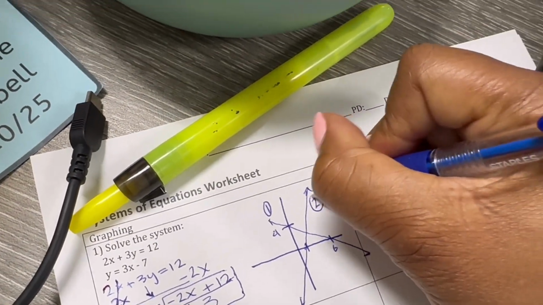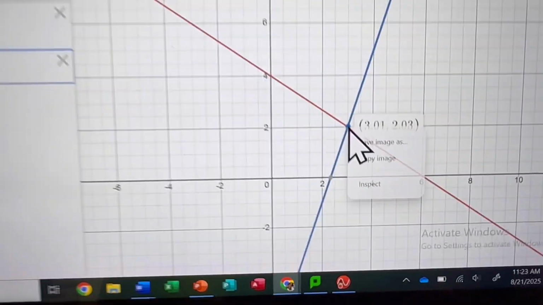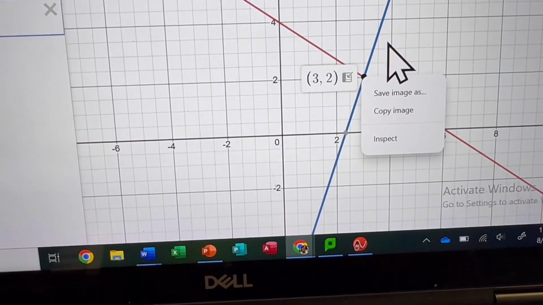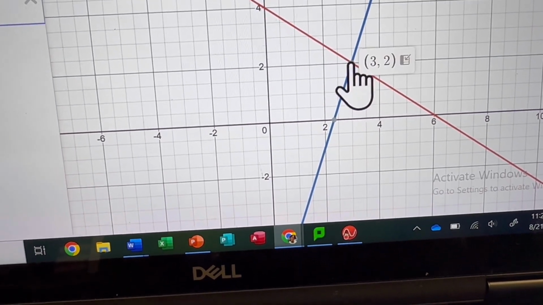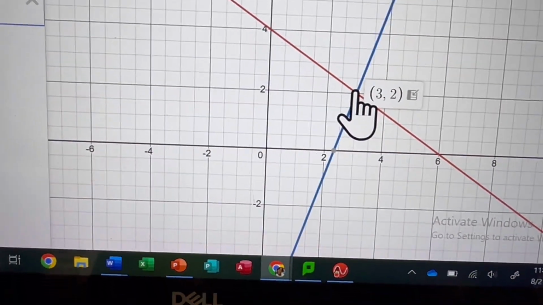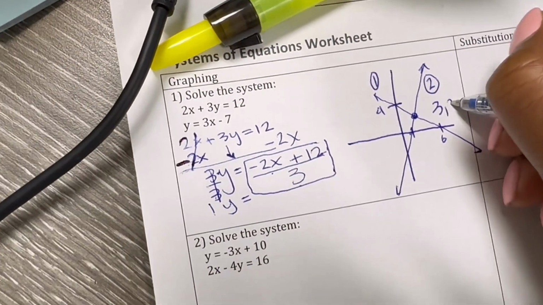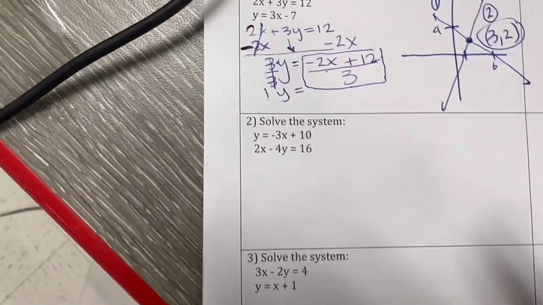That's line 2. And where do those two lines cross? Click on the intersection, and it crosses right at 3, 2. That's where the two lines intersect, and that is your answer: 3, 2. Go ahead and try the second one.